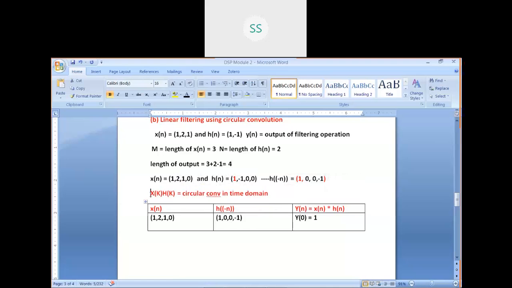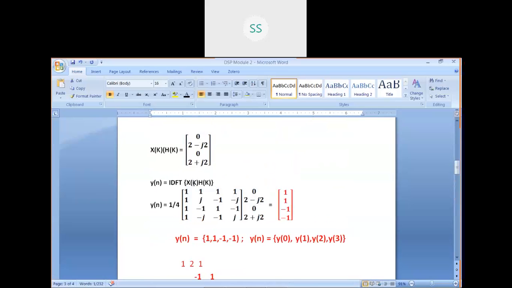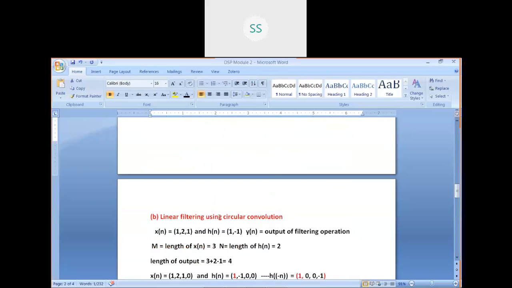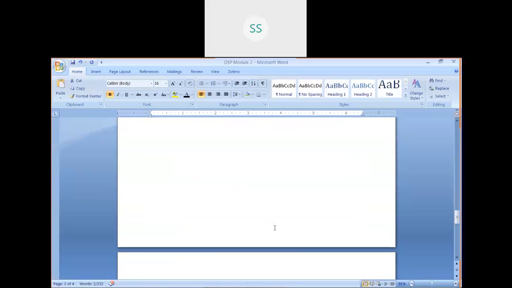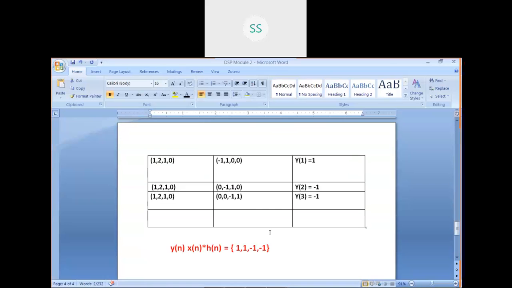If we adopt the first method, to generate y of k we will have to use IDFT also. But here the calculation is much simpler. You need not go for the complex calculations. You will simply perform the rotation of one sequence by keeping the first sequence constant.